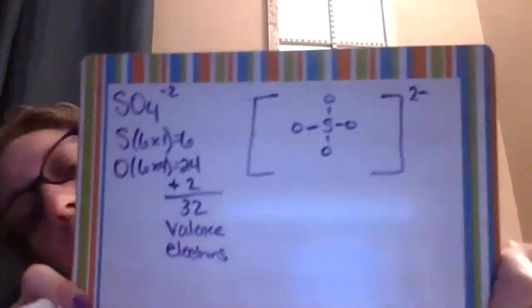I'm going to draw my brackets, put my 2 negative charge. I'm going to put my S in the middle with a dash coming out on all sides, 2 oxygen atoms. There's a single bond connected to each oxygen atom.